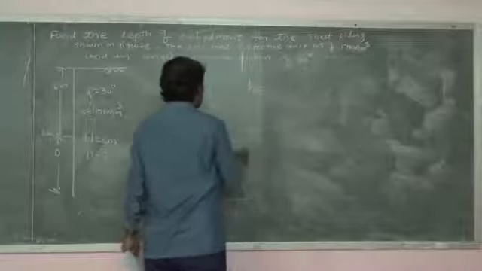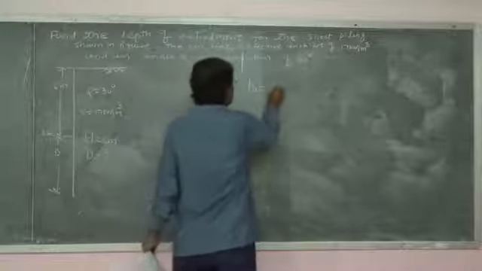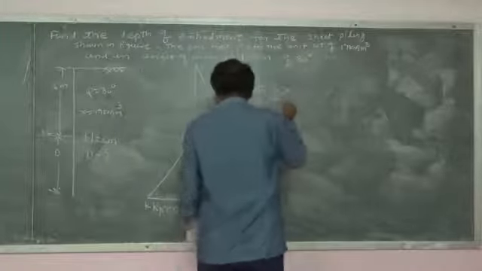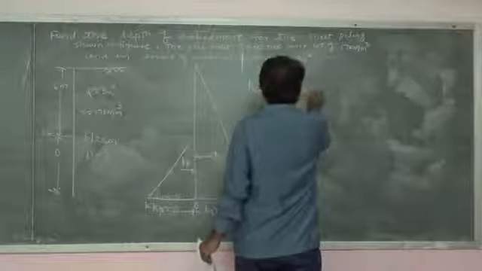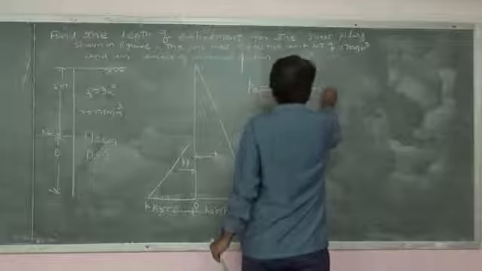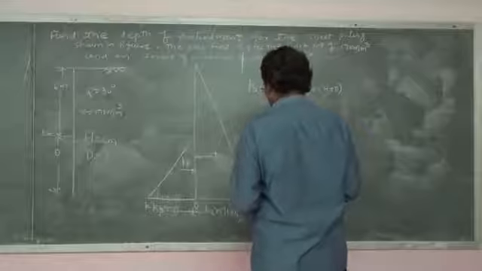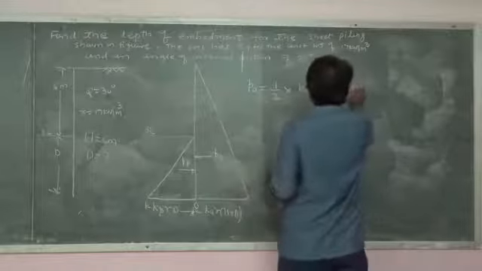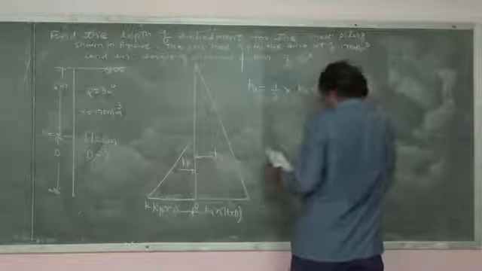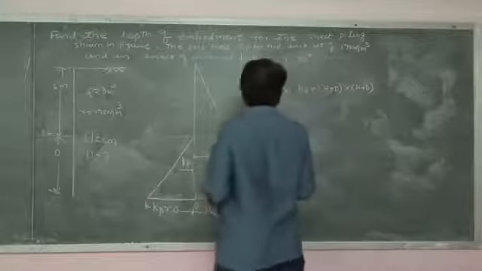Small pa is equal to the area of this triangle, and this is given by 1 by 2, base is Ka into gamma into H plus D, and height is H plus D.